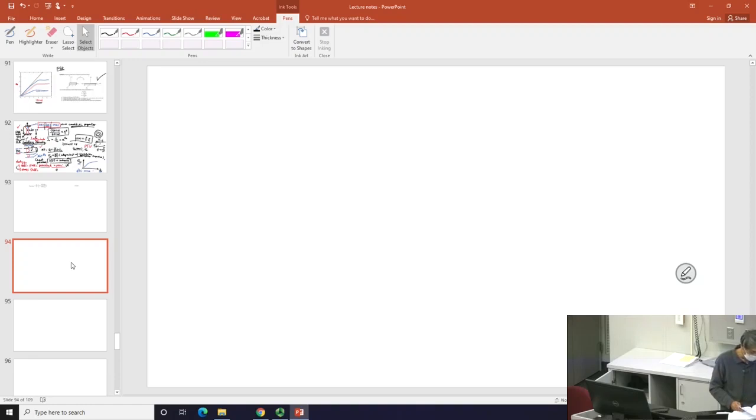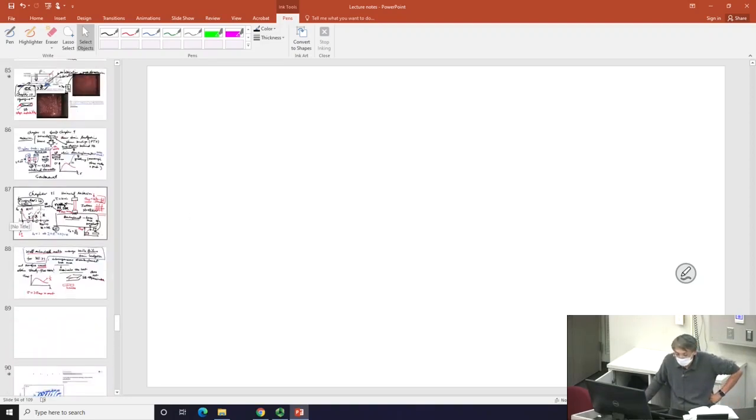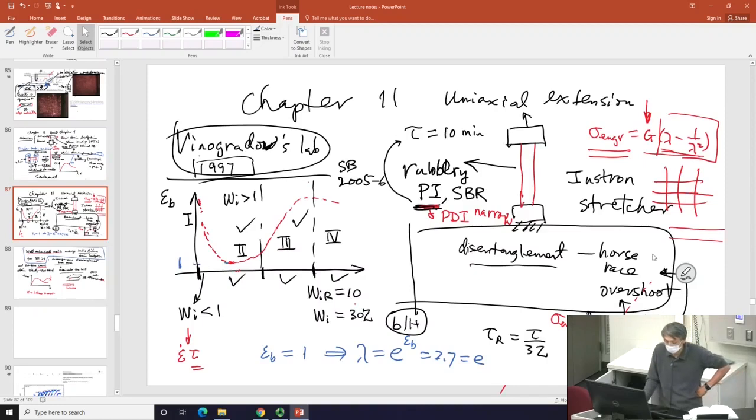So before we wrap up this chapter 11, there's one part quite instructive to discuss, okay? It's quite instructive, and that is this. Let's go back to this diagram.